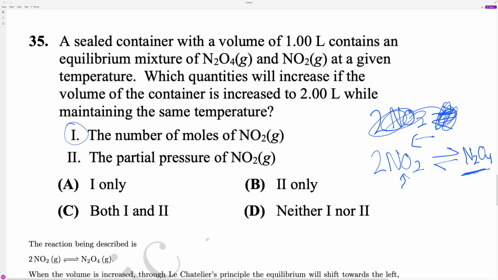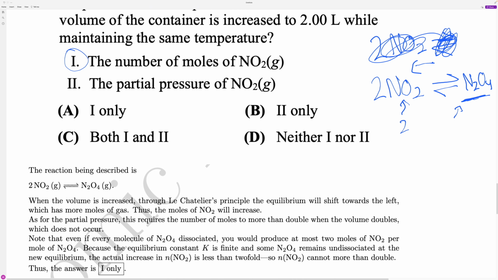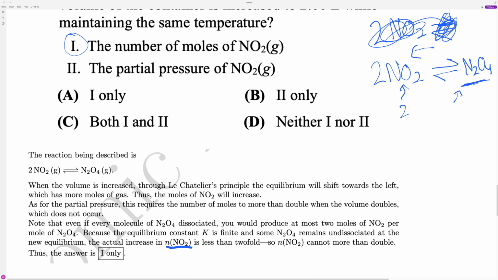First of all, that scenario is not going to happen, but you're only going to produce 2 moles of this per mole of N2O4. So the actual increase in the number of moles of NO2 is going to be less than twofold. So the partial pressure can't more than double because, like I said, it's simply not possible. So the answer is going to be I only.